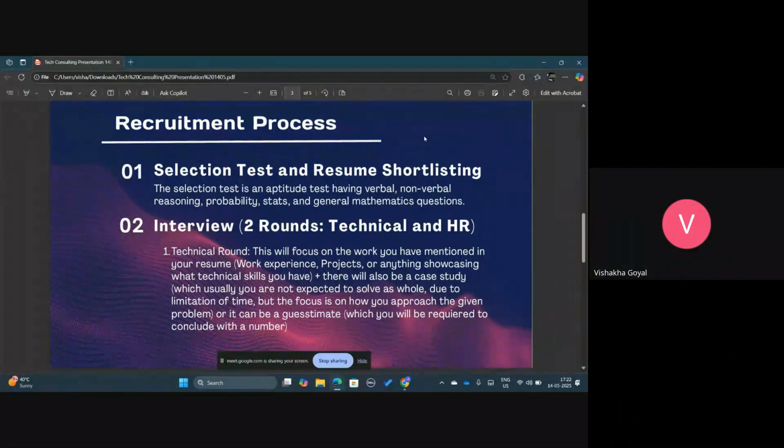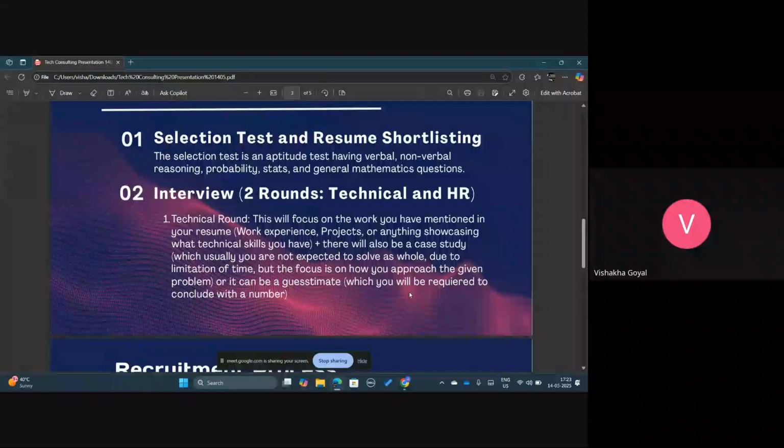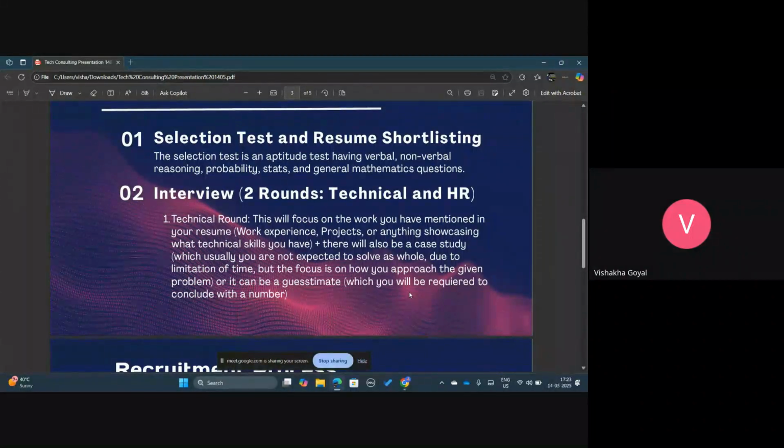The interview has two rounds, one technical and one HR. The first round, that is technical, will focus on the work that you have mentioned in your resume. It can be on your work experience, projects, or anything that speaks to what technical skills you are professing to have. Also, there will be a case study which you're not really expected to solve or conclude, because these interviews are not that long, they are really short.